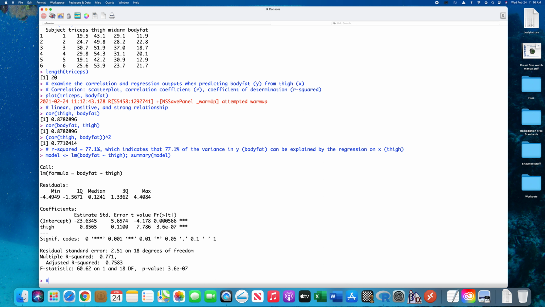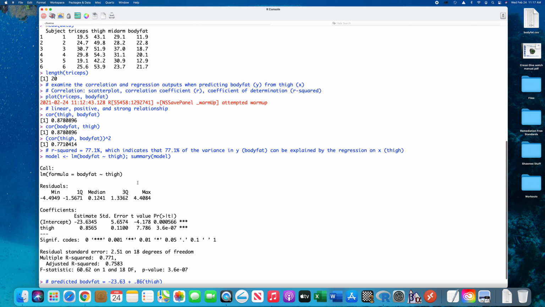So what I can determine there is that body fat, well, let me restate that. Our predicted body fat can be estimated by taking negative 23.63 plus 0.86 times the thigh measure.